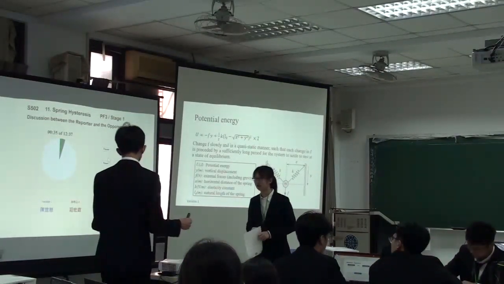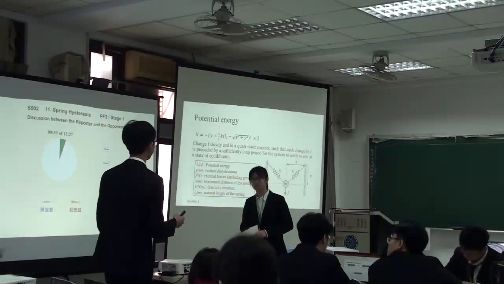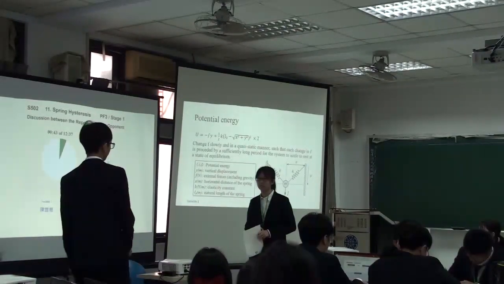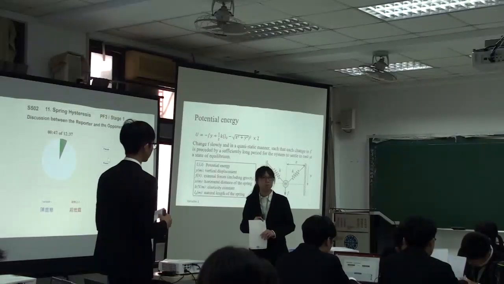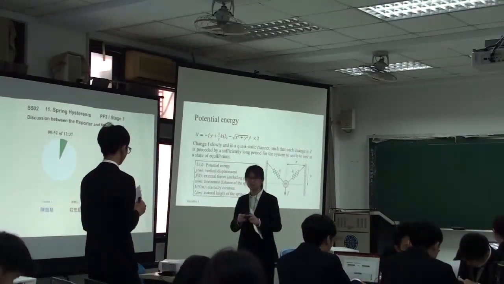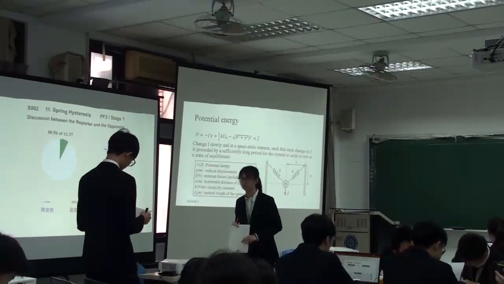Then you can change your simulation to a 3D world, and then you can do the experiment to support your simulation data. But because of the quasi-static manner, it would always stay in two dimensions, so we don't have to do the 3D simulation. Okay.